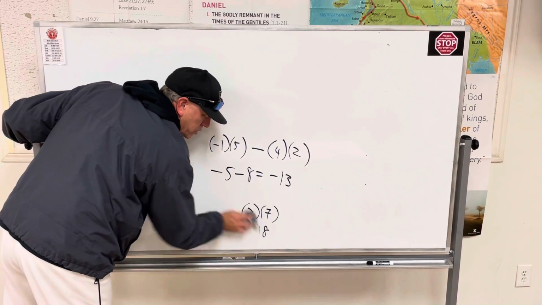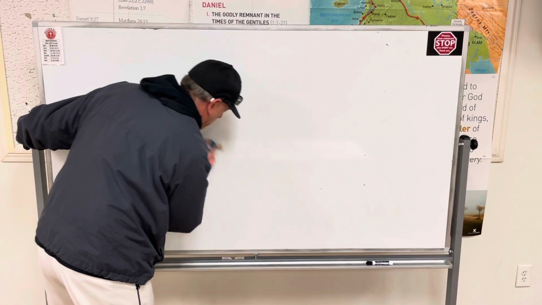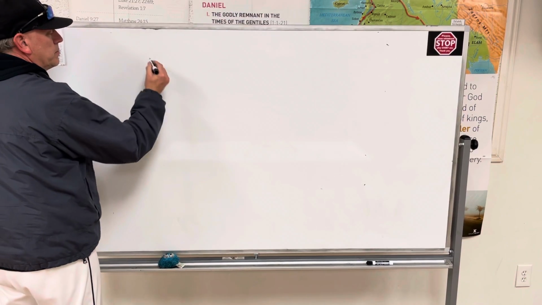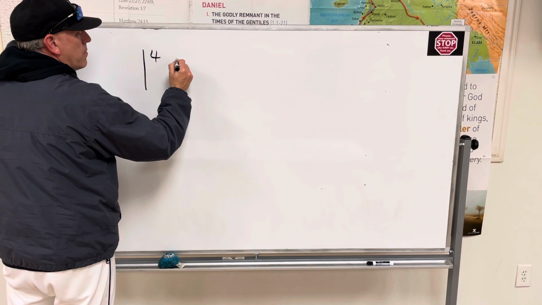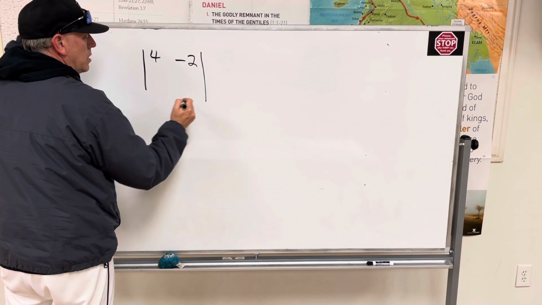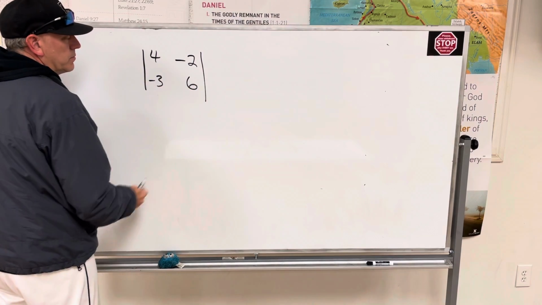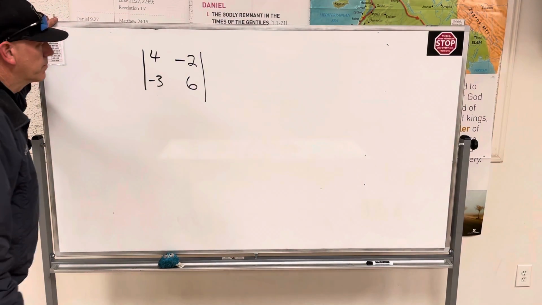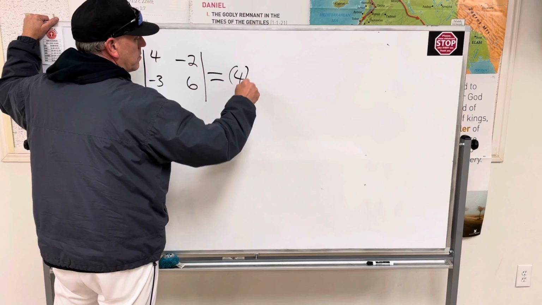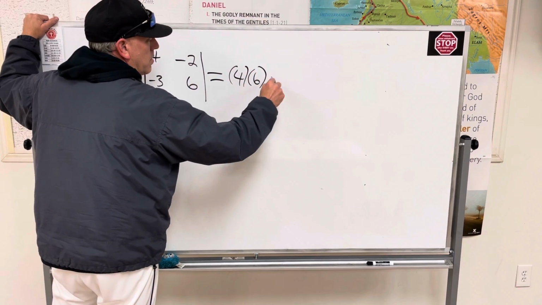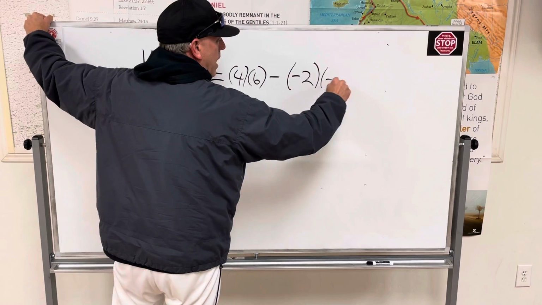So let's suppose on this determinant, we have the following. We have 4, and then we have minus 2, and we have minus 3, and 6. Suppose it looks like that. So we're going to do 4 times 6 minus, and then we're going to have minus 2 times minus 3.